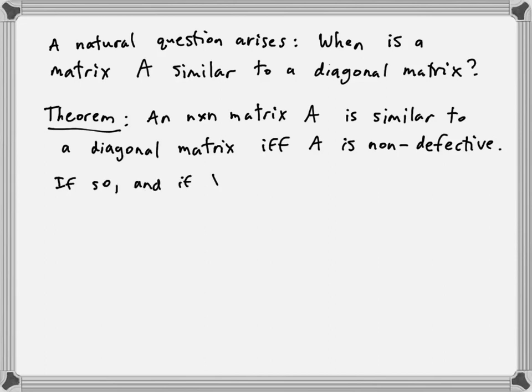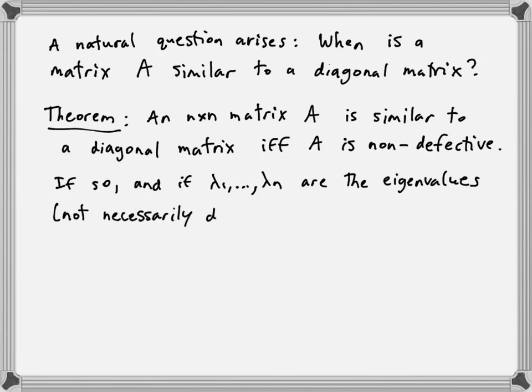So if so, and if lambda 1 all the way to lambda n are the eigenvalues, and it's important to state that they don't have to be distinct eigenvalues, right? If you recall, a matrix is non-defective if it has n linearly independent eigenvectors. It doesn't have to have n different eigenvalues, okay? We just know that it has enough eigenvectors, right?